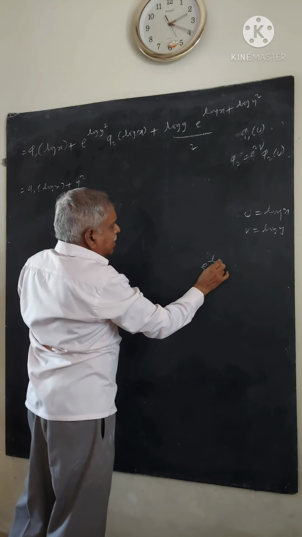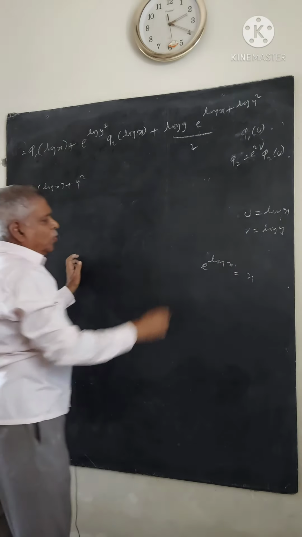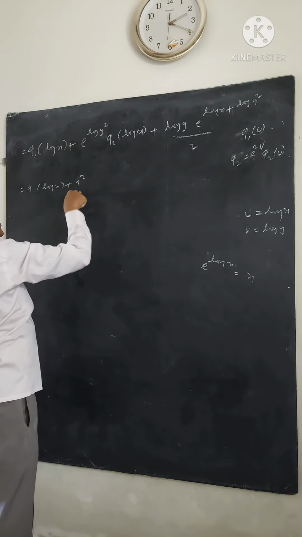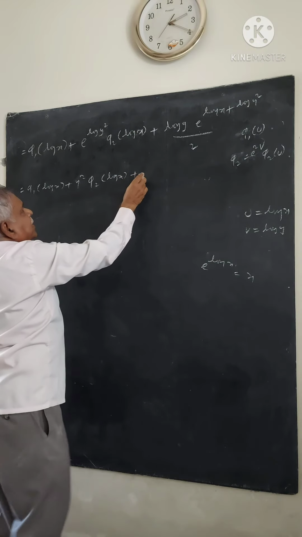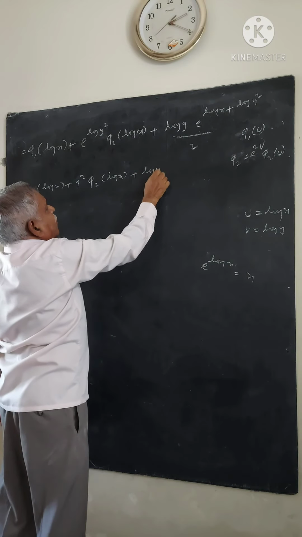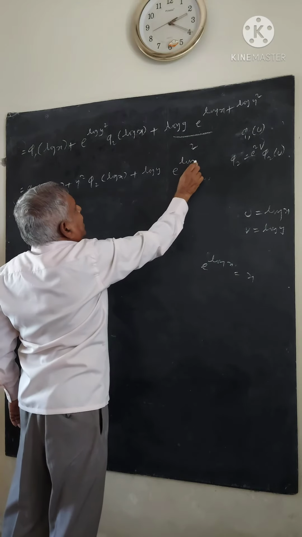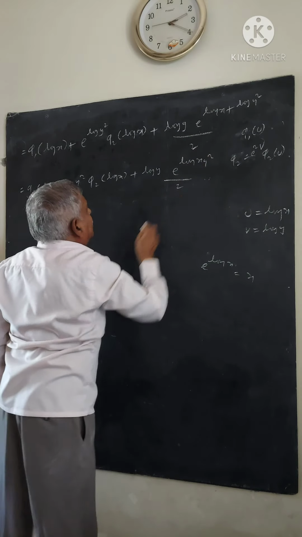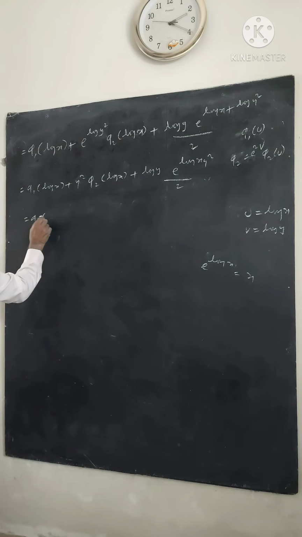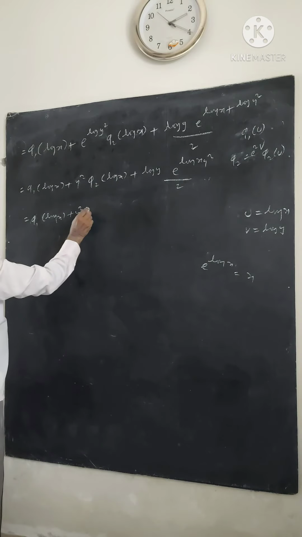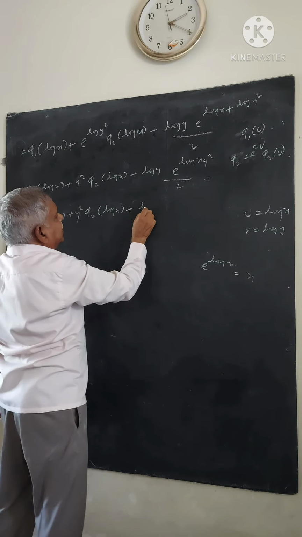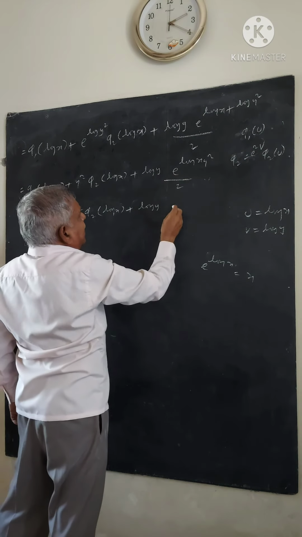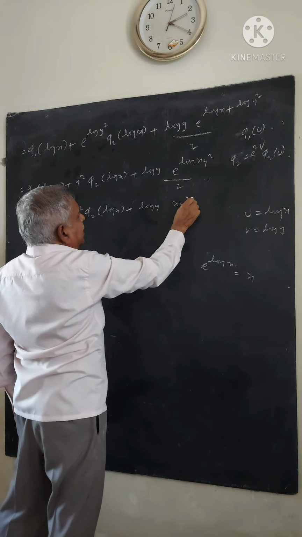E power log x equal to x, we know already. Therefore, y square comes. Phi 2 of log x plus log y equal to e power log x y square by 2. Similarly, same, e log vanishes, x y square by 2.